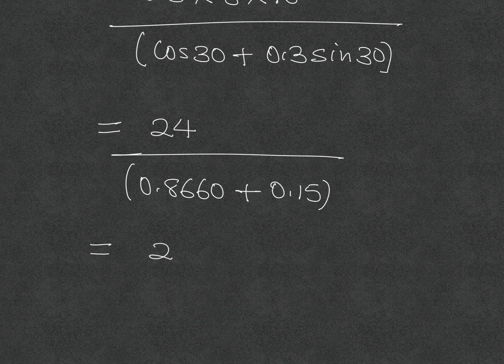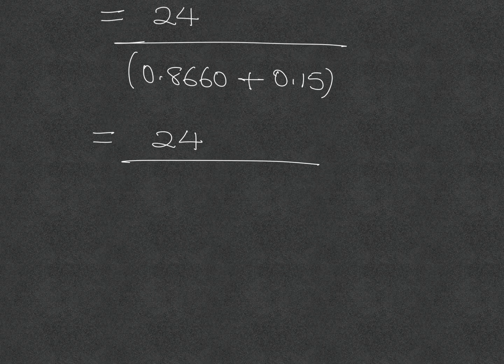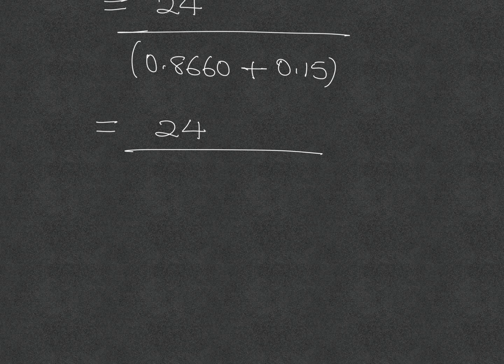So this is going to be 24 over 0.8660 plus 0.15, which is 1.016. So 24 divided by 1.016 is 23.6 newtons.